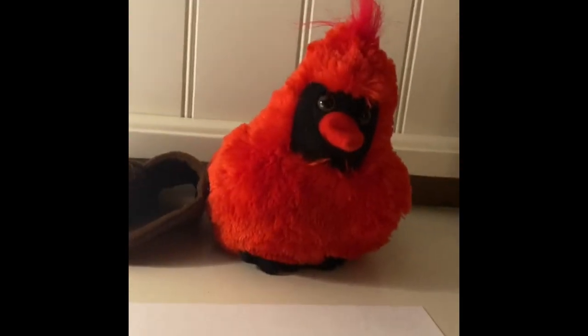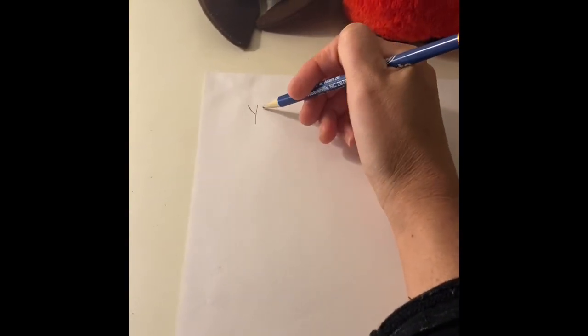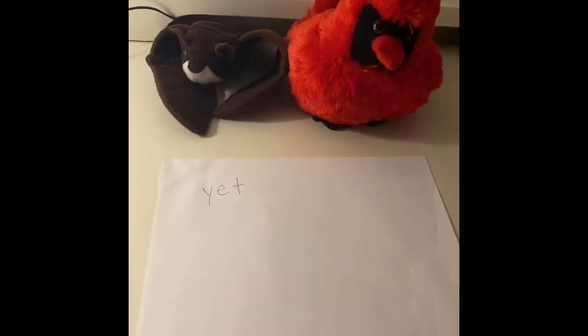Your first word is yet. Y-et. Okay, it looks like this. Y-et. All right, did you get it? Your next word is bed. B-ed. Go ahead and write that down.